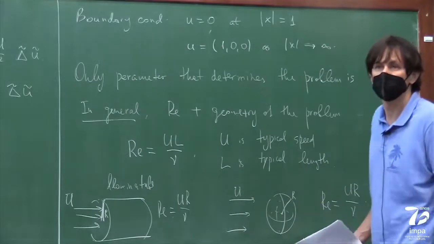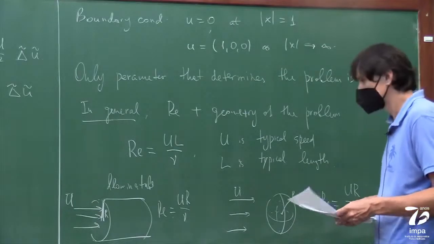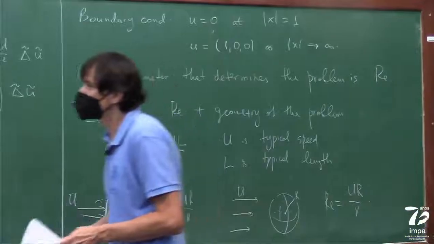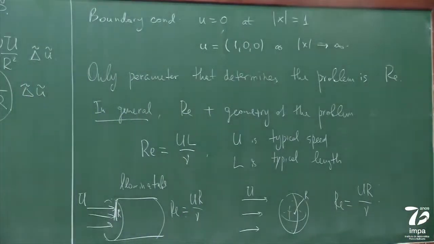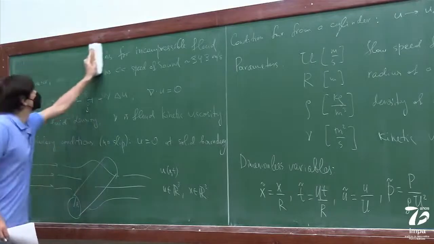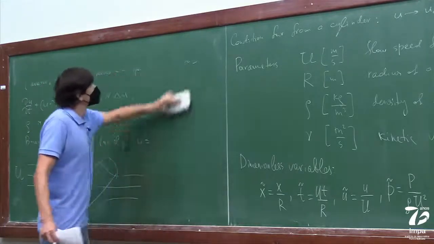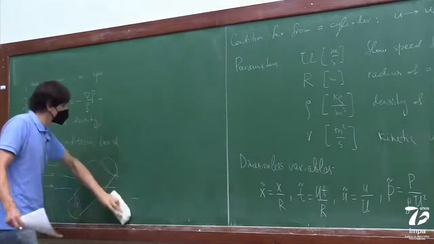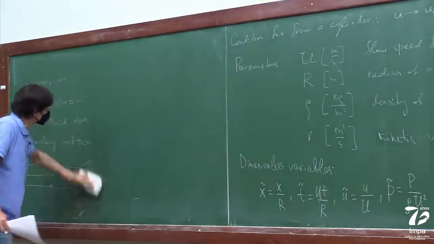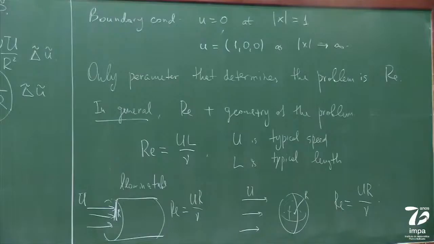Everything depends on it, so it's good to understand what the numbers are. What are the values of this Reynolds number? Actually, turbulence is mostly about the Reynolds number. So, typical values of Reynolds numbers.